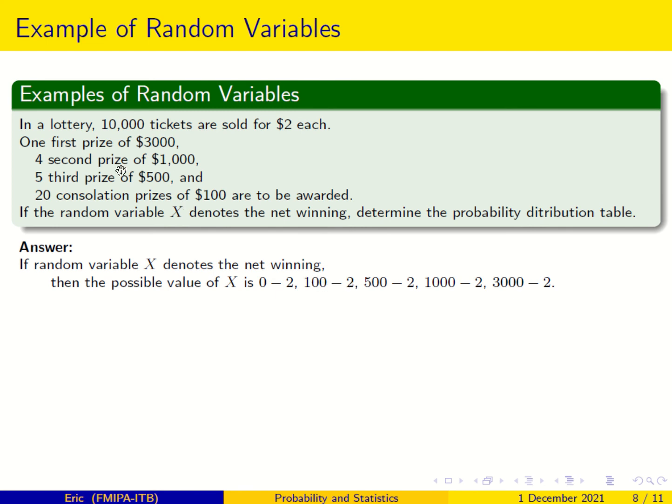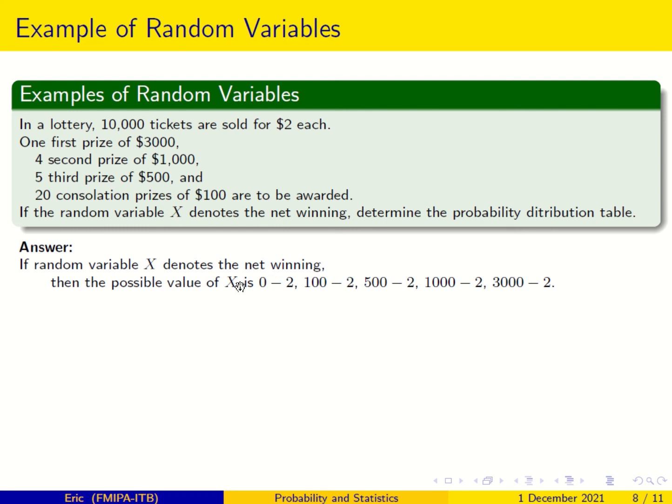What about if you won the third prize? The net winning is 500 minus 2. If you win the second prize, the net winning is 1000 minus 2. And if you win the first prize, your net winning is 3000 minus 2. So these are all the possible values of the random variable.